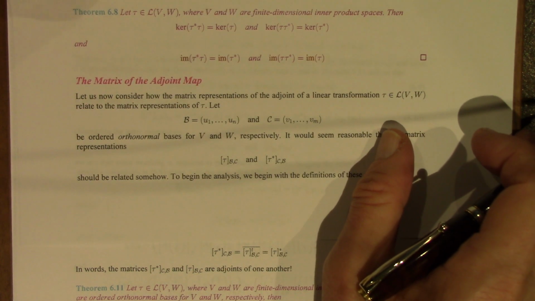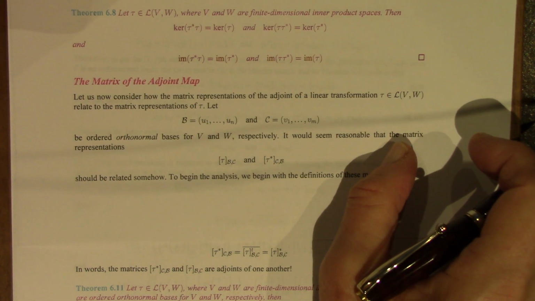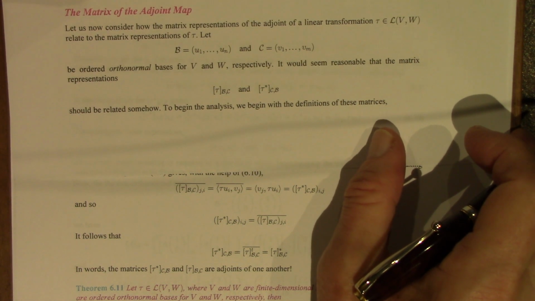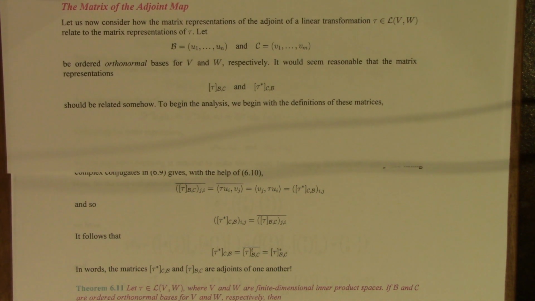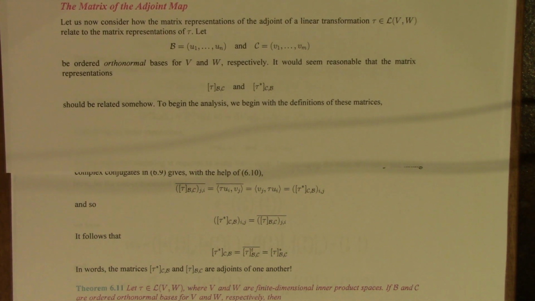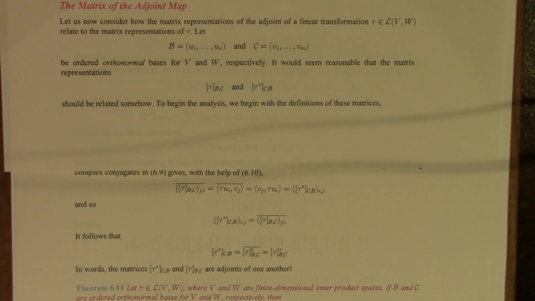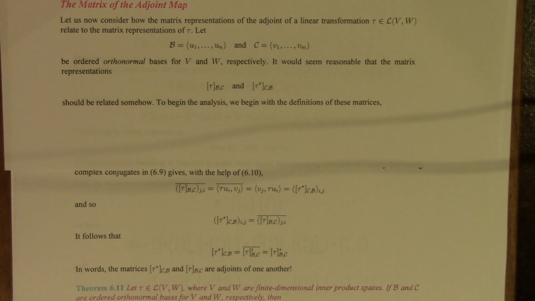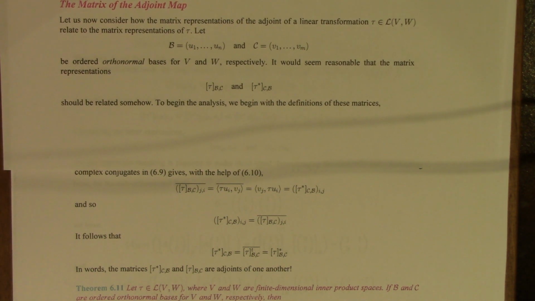What about the matrix representations of tau star? How do they relate to the matrix representations of tau? This is very important because if you have a linear transformation tau and you need to find its adjoint, the definition is not the best way to find it. This definition is not constructive. It just tells you it belongs in a certain component of an inner product.